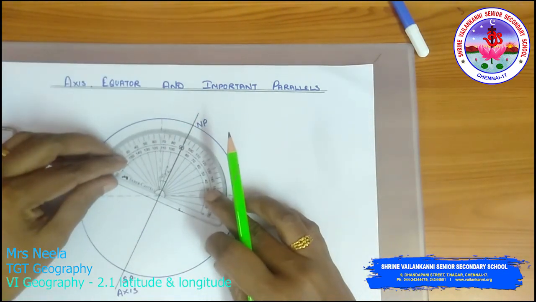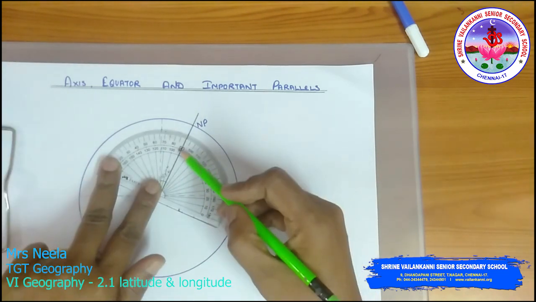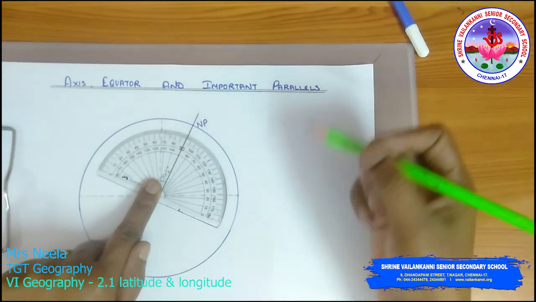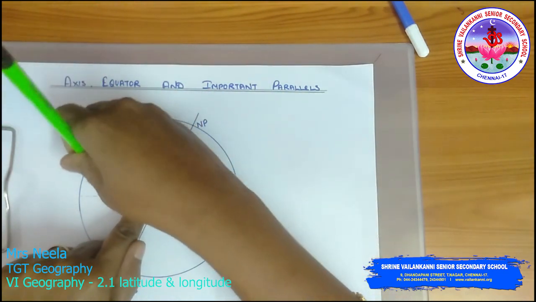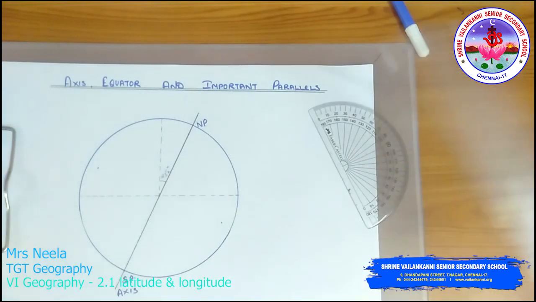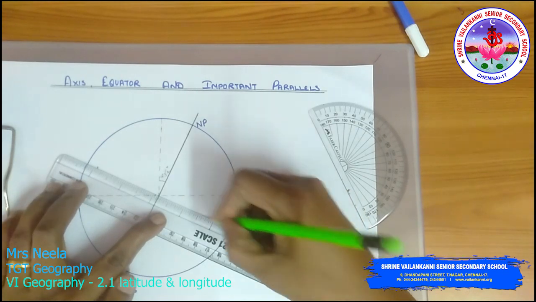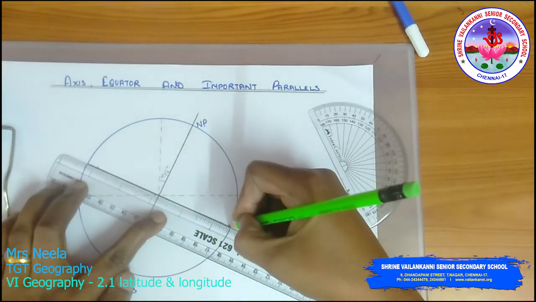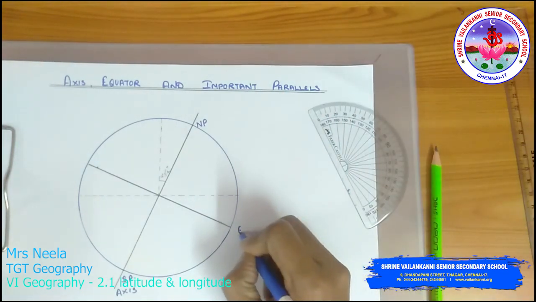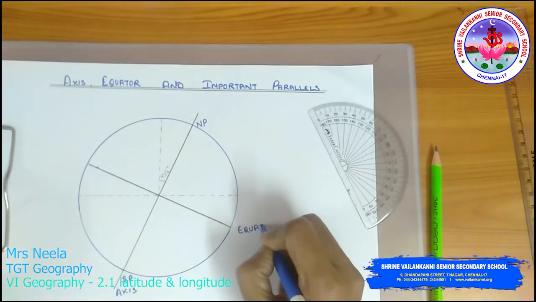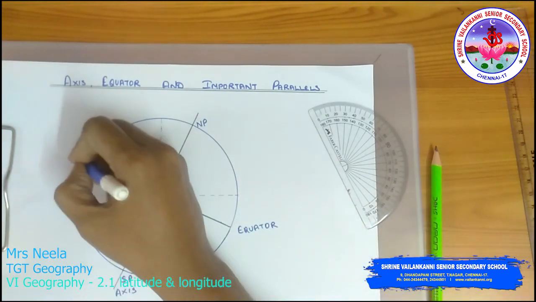Now placing the protractor with a 90 degree exactly facing the North Pole, mark the 0 degree on either sides of the protractor. Now join these two dots and this line is the equator. As I have already mentioned, equator is 0 degree.